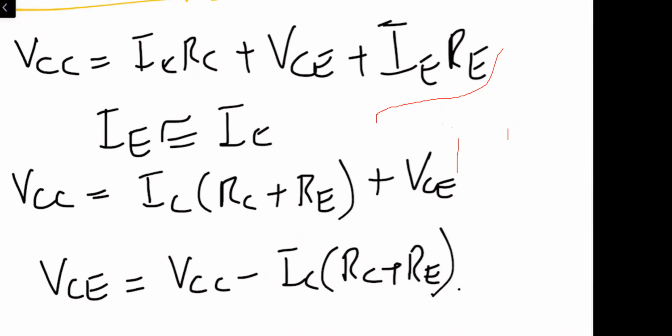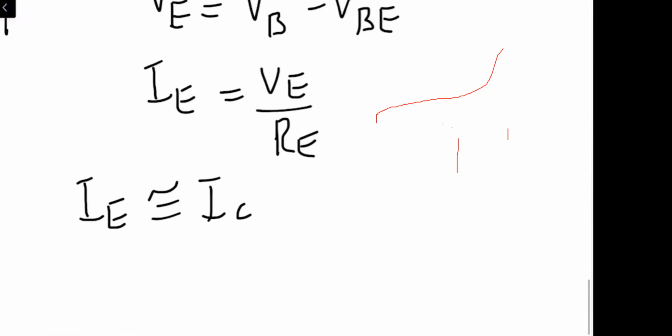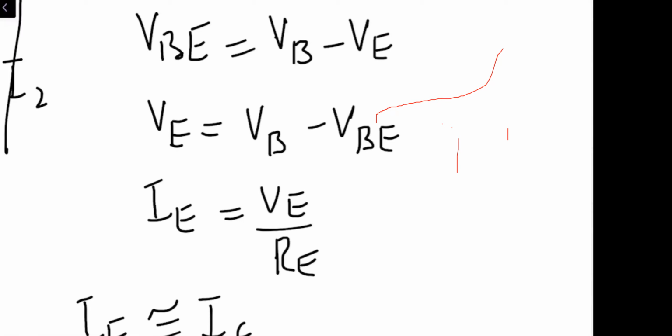But over here, the value of IC will be taken from IE, which we have just calculated, that IE is equal to VE divided by RE, where VE is being calculated from VB minus VBE, right? Are you with me?